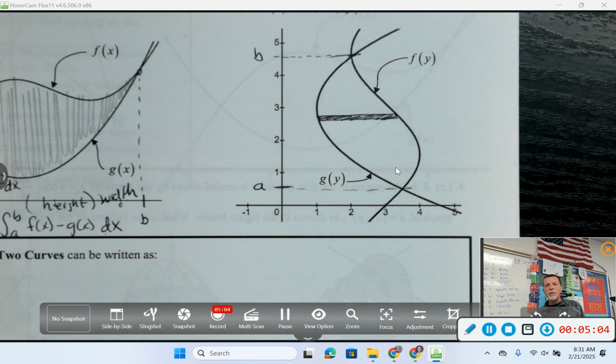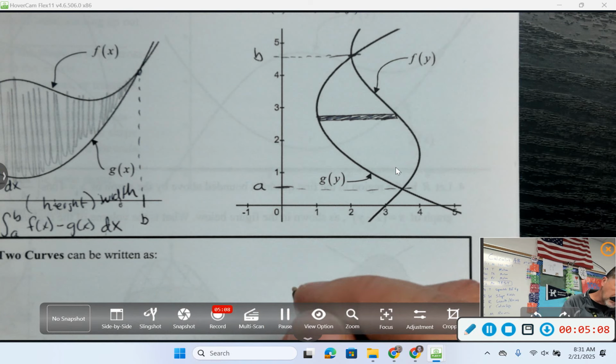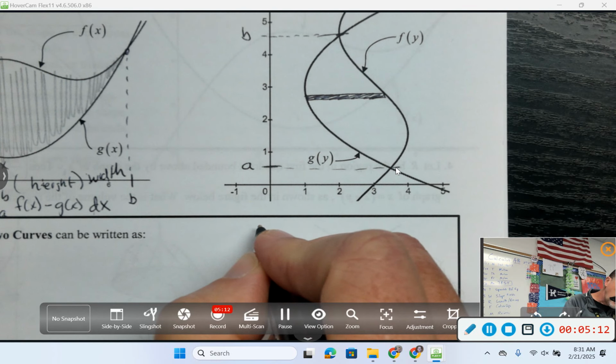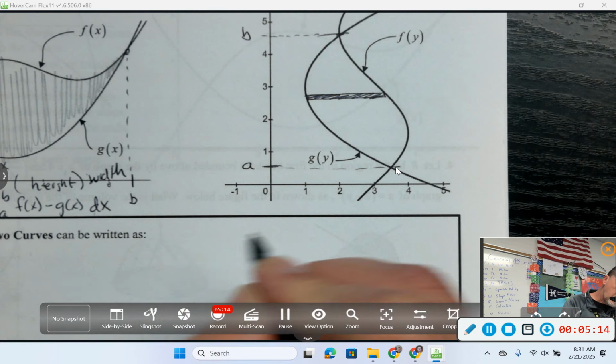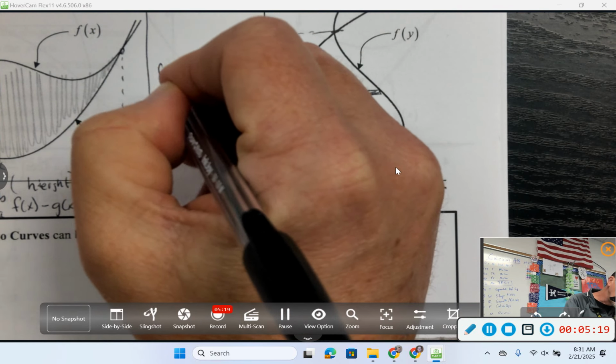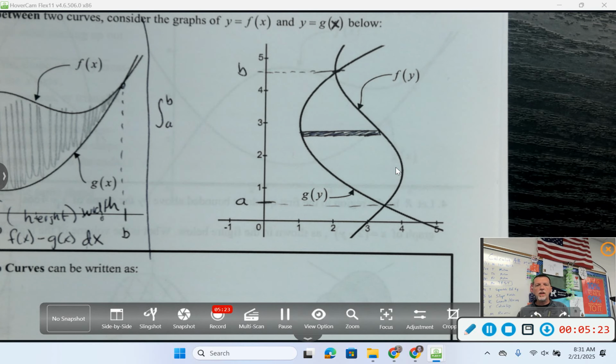I want to add up all the rectangles. Didn't plan well on the space allotted here. I don't know where to put it. I'm going to try to put it right here. All the rectangles from A to B. Takwa? What's that?